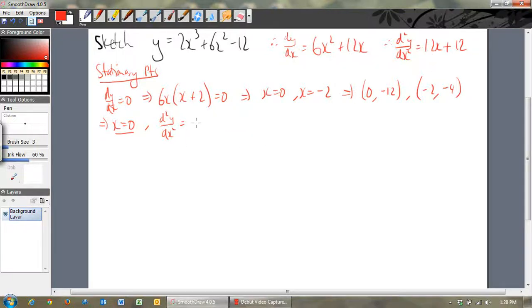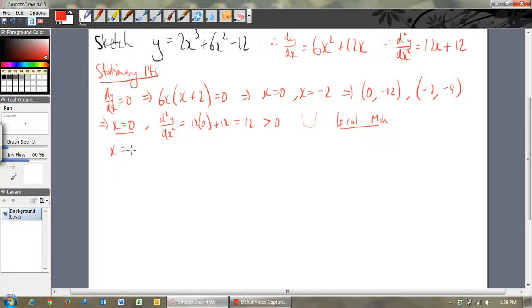So we get 12 times 0 plus 12, which equals 12. Now, because this is greater than 0, what this means is that your gradient is increasing. So it's getting bigger and bigger and bigger. And basically what that means, because if it's negative and it gets bigger, bigger, hits 0 and then gets bigger, bigger, what you'll get is a local minimum at that point. So x equals 0, it's going to be a local minimum.